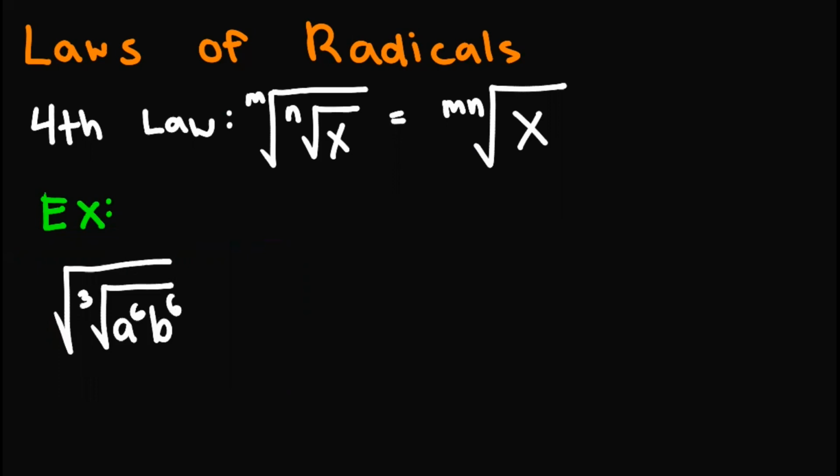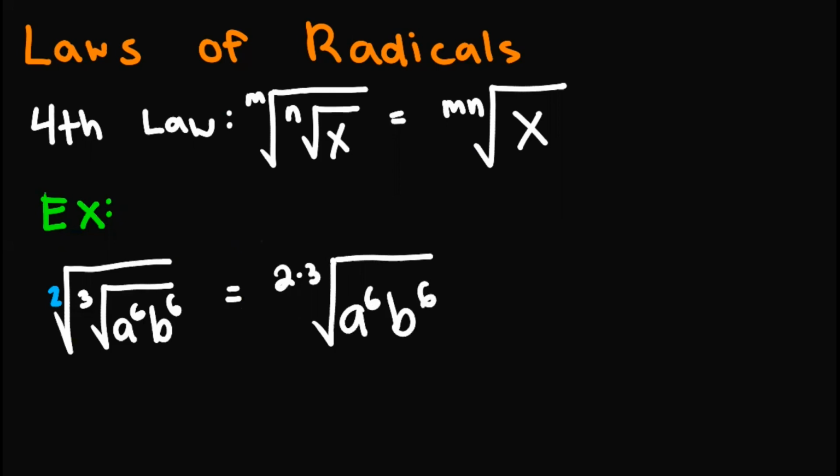Applying the fourth law, since we know that if there is no index out here, this simply implies that this one is 2. So we know that this one is equal to 2 times 3, the radical sign, and a raised to 6, b raised to 6.